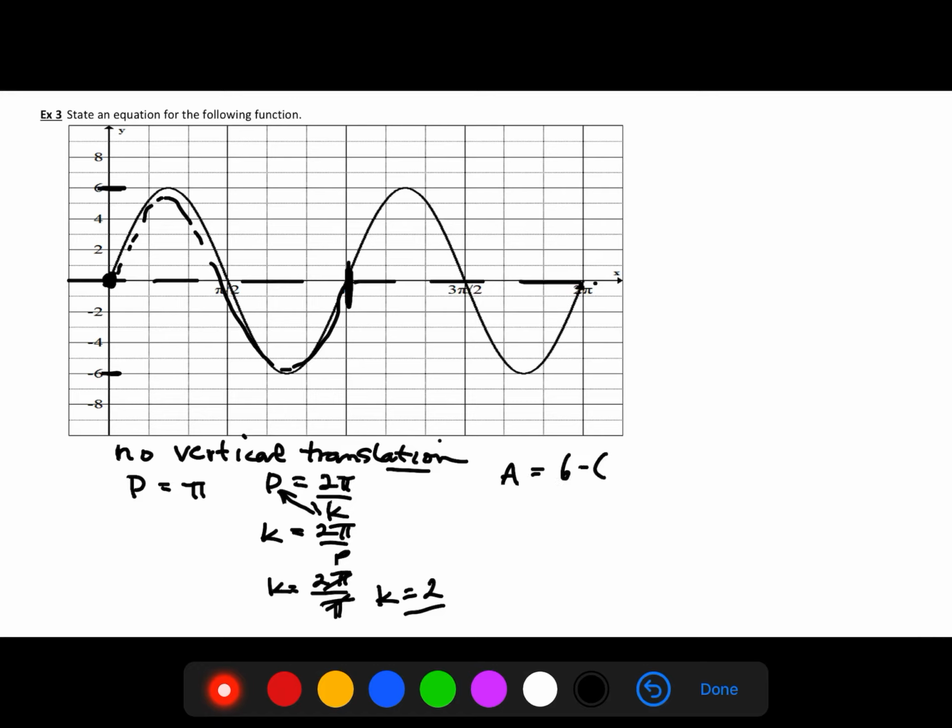So we have our vertical translation, we have our k value, we take a look at our amplitude, half of the height of our graph, or our max minus our min divided by 2, which means our amplitude is 6.